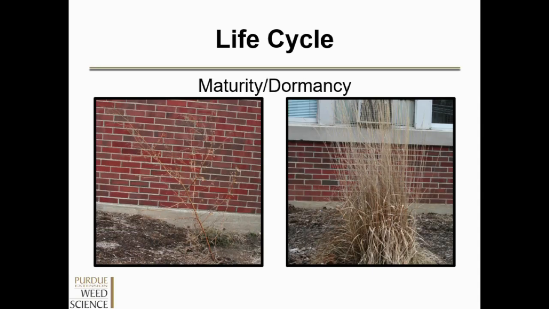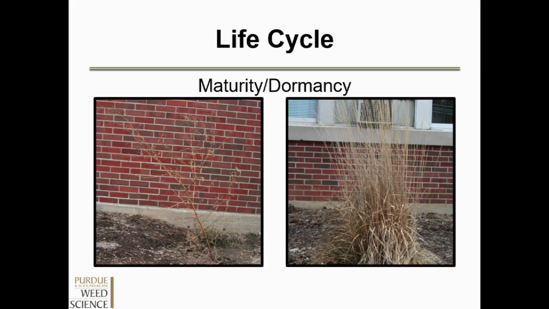We then enter what we call the maturity or dormancy stage. On the left side of the screen is what we would identify as a mature, in this case an annual weed that is at the mature stage. This means that all the seed that was produced is now mature, and usually all the green tissue is gone, and we just have these brown stalks in the field with a bunch of seed that's mature and ready to overwinter and germinate the next year on it.